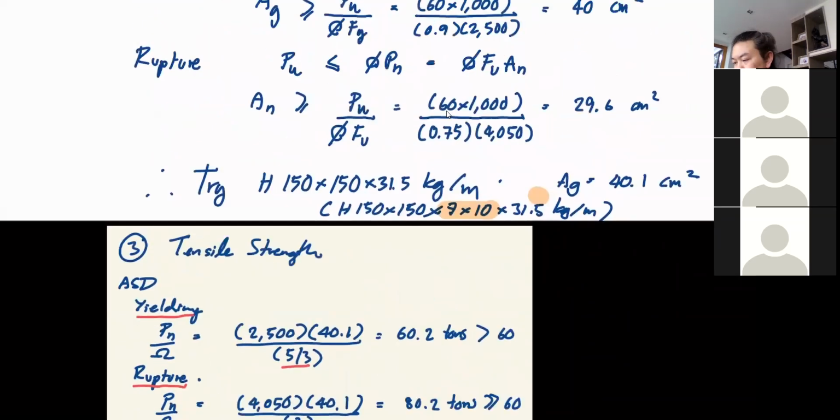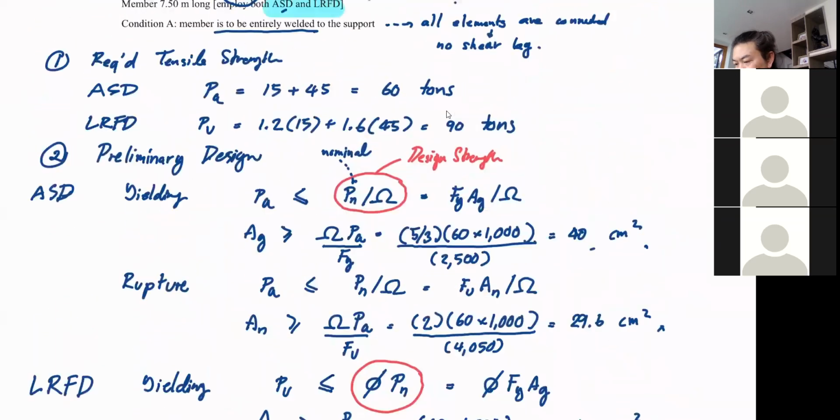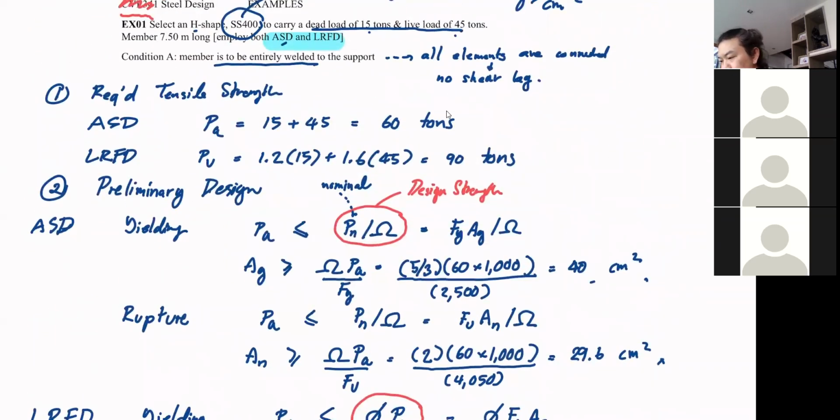Have you noticed one thing? Let's go back and see this. See here, the load, LRFD, is the load with factors, right? We increase the load because of the uncertainty. In our ASD, we just take the load as it is. Notice that it is 1.5 times different.